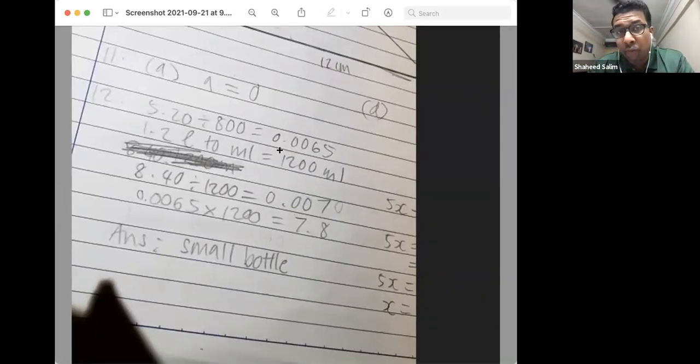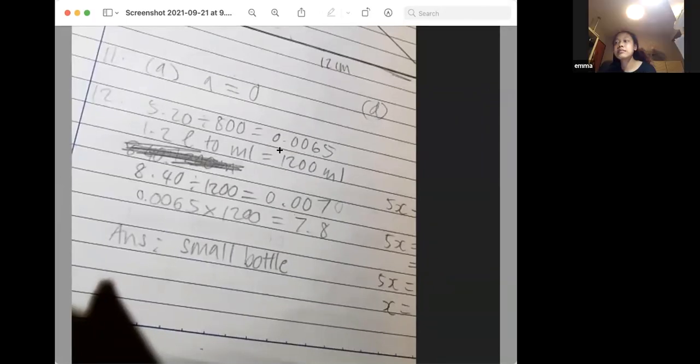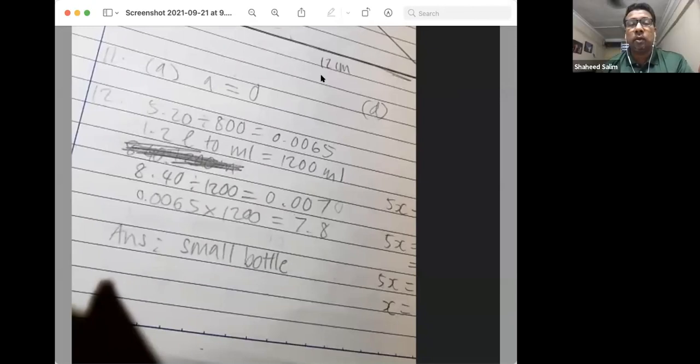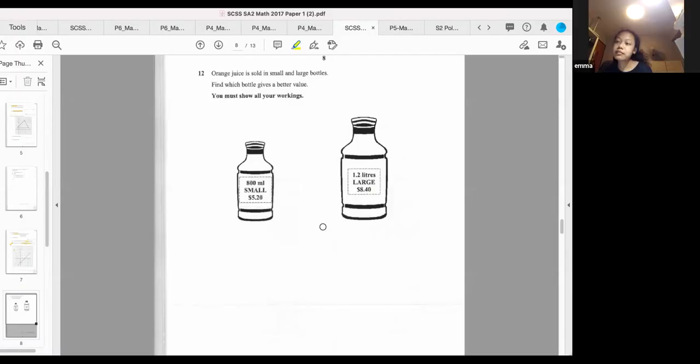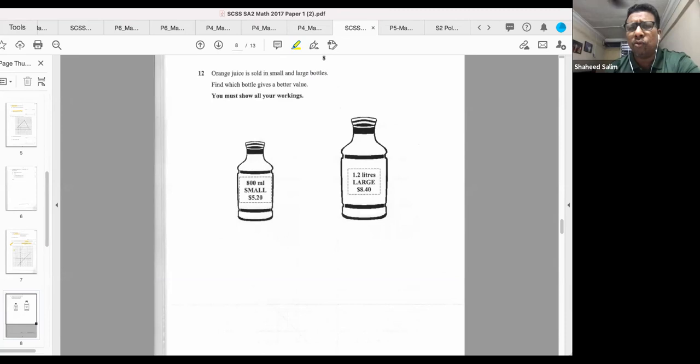You can also compare for 100 milliliters, no problem. Let's see what other ways we can do. 800 and 1.2. Maybe I want to do 400. I just divide by 2. What's 800 divided by 2? 400, right?